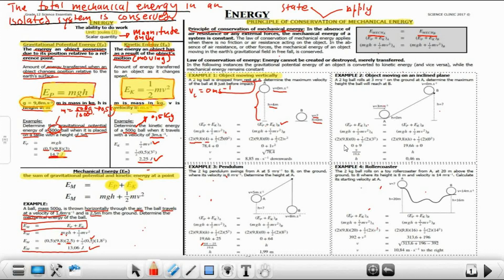Then we have our initial velocity being 0 at A. Now we can easily substitute everything that is given and end up with our final answer, which is 8.85 meters per second.